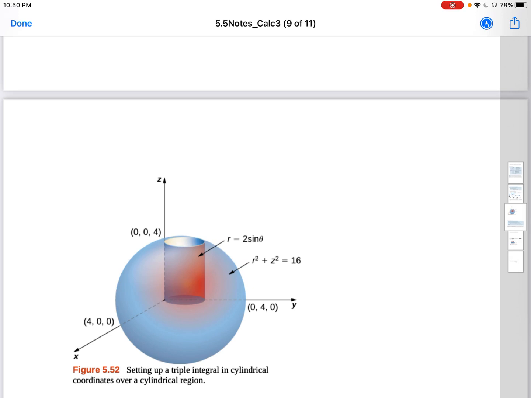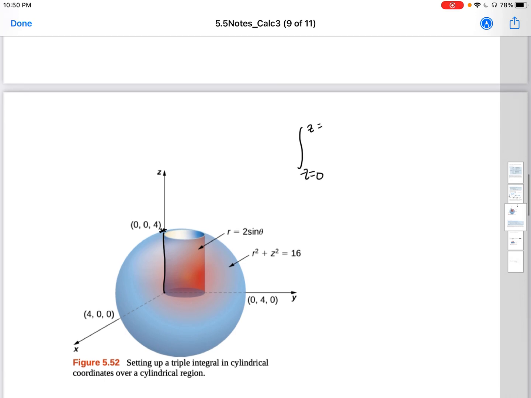We see that our z starts from 0 and ends at our equation. Our lowest value is 0, and it goes all the way up to this equation right here, r squared plus z squared equals 16.